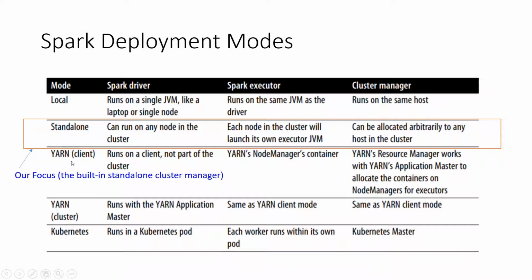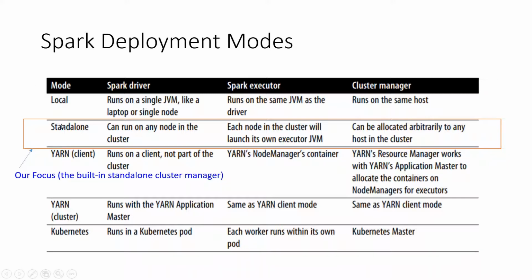Then there are also several other deployment modes. One is using Kubernetes, and also Yet Another Resource Negotiator, YARN, which is a resource manager from Apache Hadoop. It's just another cluster manager. With these tools, and also Apache Mesos, we can create a cluster and then use that cluster to deploy Spark.